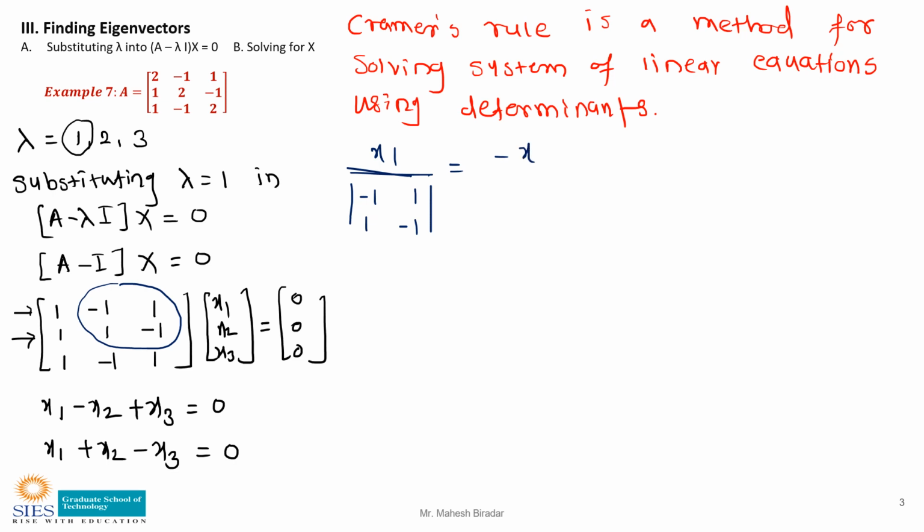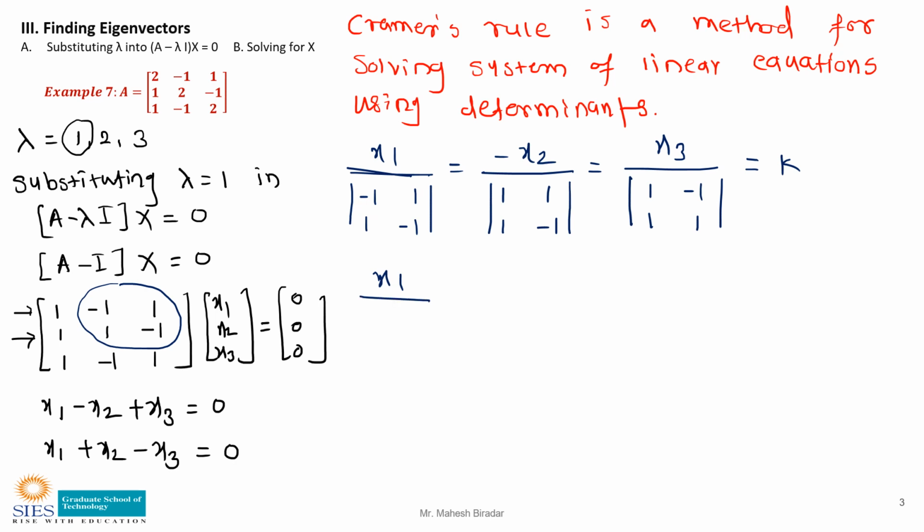Then minus, we have to write always along with the second component, minus x2 divided by, now you can write the coefficients of x1 and x3. Similarly, x3 divided by coefficients of x1 and x2. And I'm going to consider all these values are proportional to k.